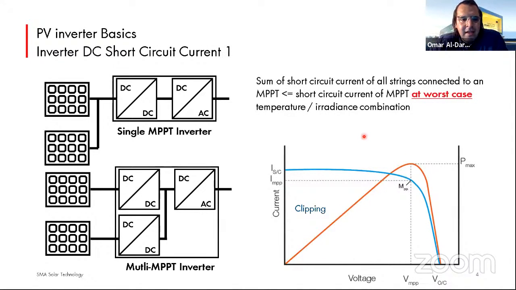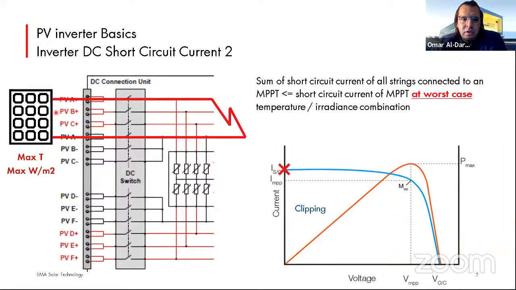Short circuit current, as it pertains to the inverter, is basically the maximum current that your DC to DC converter can accept. It's generally a worst case calculation. When you're matching the short circuit current from the modules or your array towards your inverter, in both the single and multi-MPPT case, you need to assess how much short circuit current your module is producing at the maximum temperature and irradiance combination.